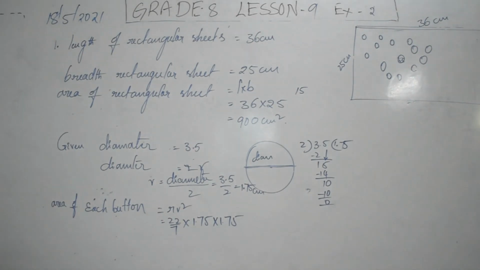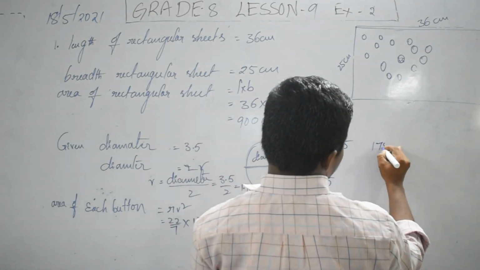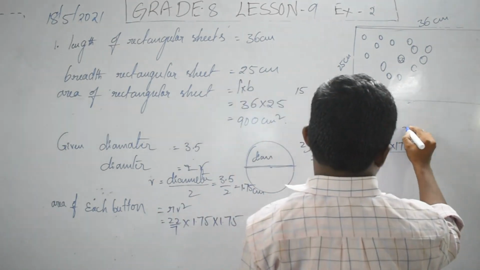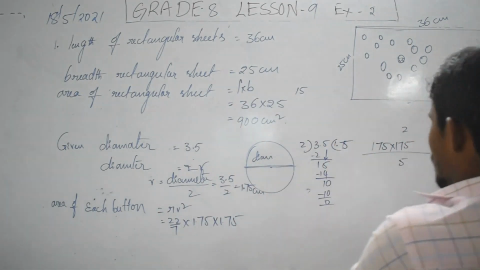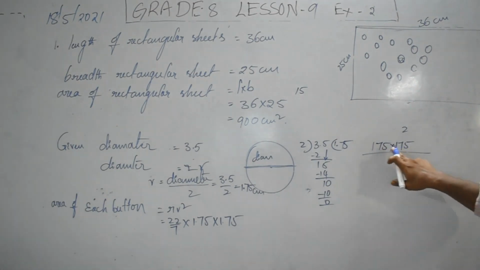How much value? 175, 175. 5 5s are 25. Here both sides 5, 5.